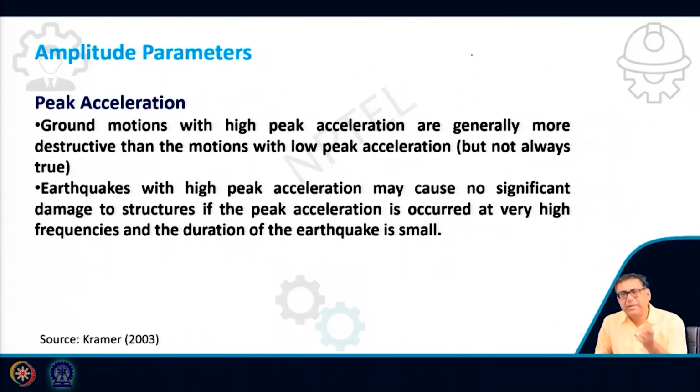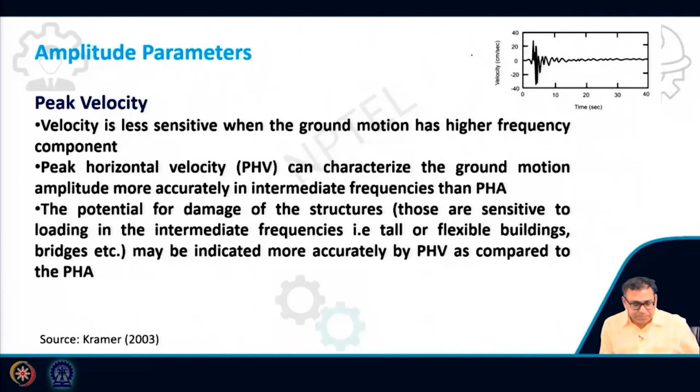In that case, high peak acceleration may not create significant damage to the structure. So it is okay that motion with high peak acceleration will give more damage compared to motion with low peak acceleration. But sometimes the high peak acceleration may not cause significant damage if it occurs with very high frequency and the duration of the earthquake is very small.